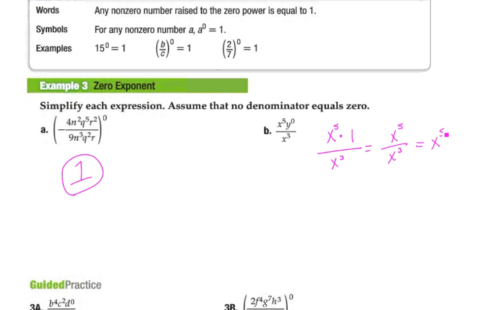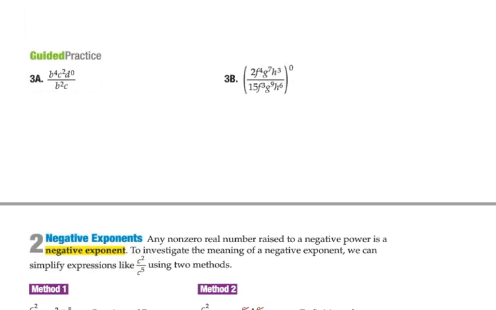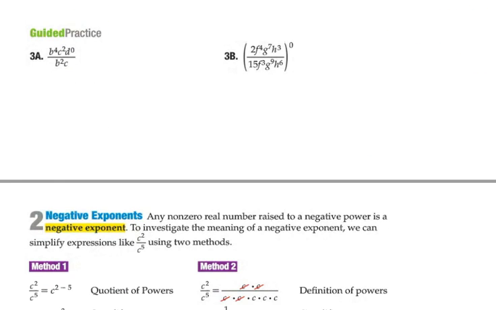So I know I keep my base. I subtract my exponents. Final answer, x squared. So understanding anything to the 0 power is 1. Understanding how that affects a problem. Does it affect the whole problem or just a piece of the problem? And you'll have to find that out with guided practice 3.